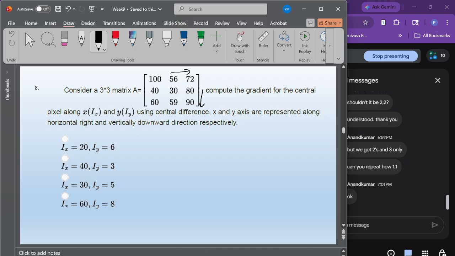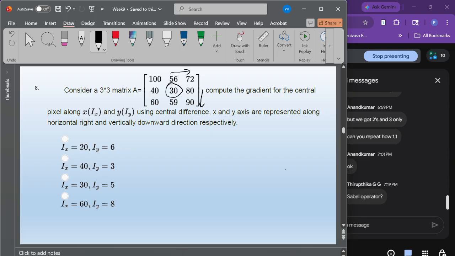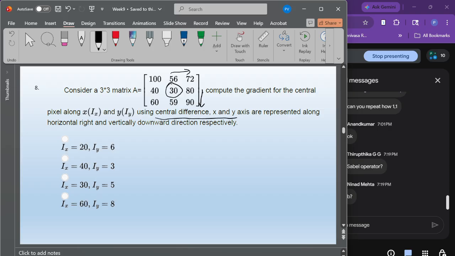That means we look at the central pixel in the x and y direction as indicated in the question. This matrix A is given. Here our central pixel is defined in the question. Using the central reference method, we take one column before and one column after.